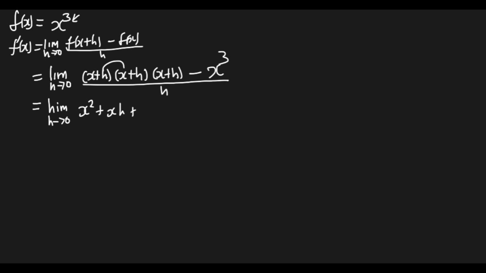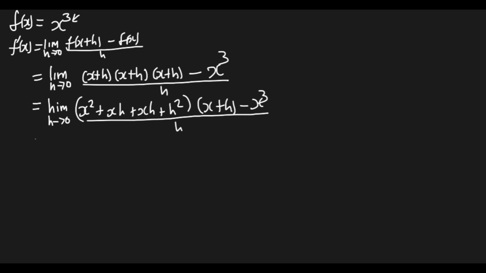Then we move on, h times x is xh plus h times h, will have h squared times x plus h minus x raised to the power 3, everything divided by h.